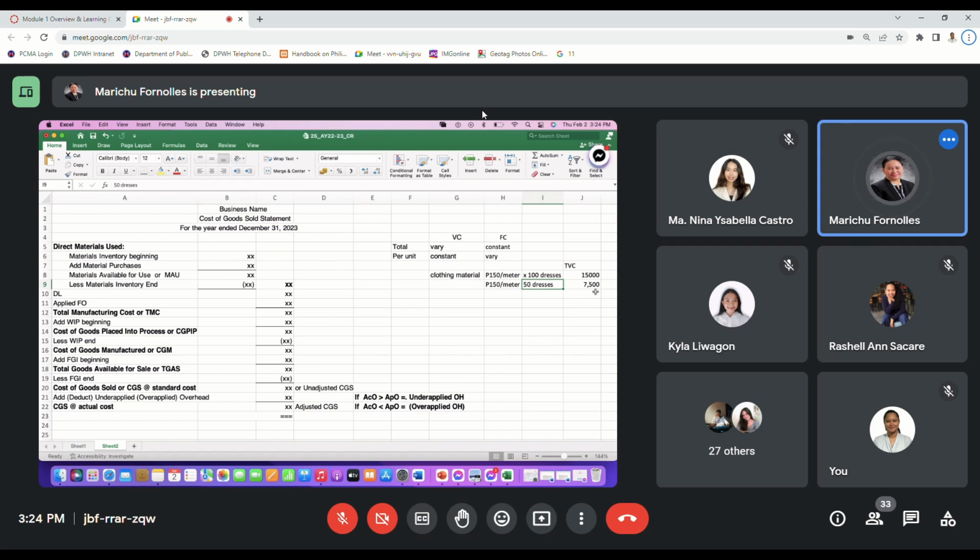What if the output will increase from 50,000 units, it becomes 150,000 units, the current production.